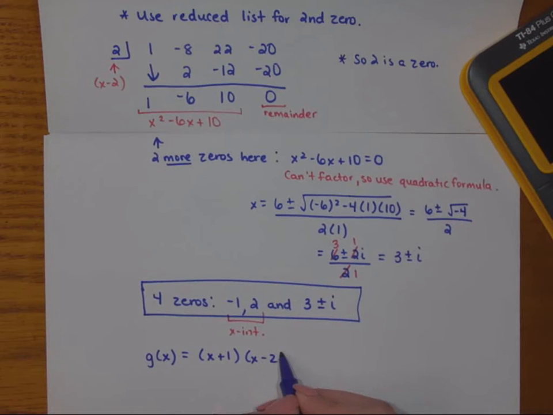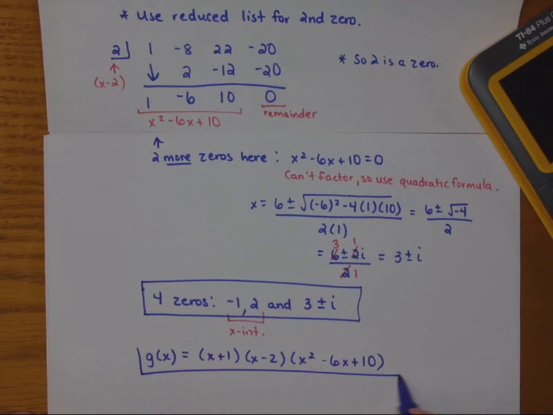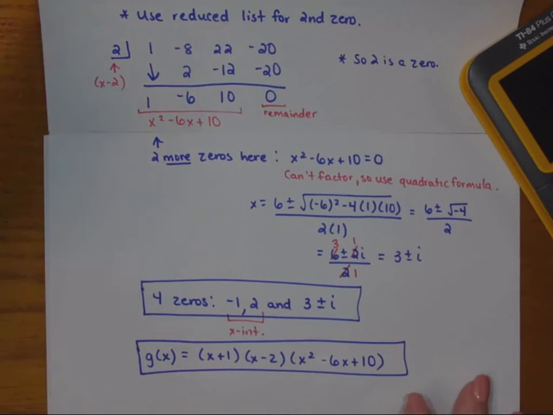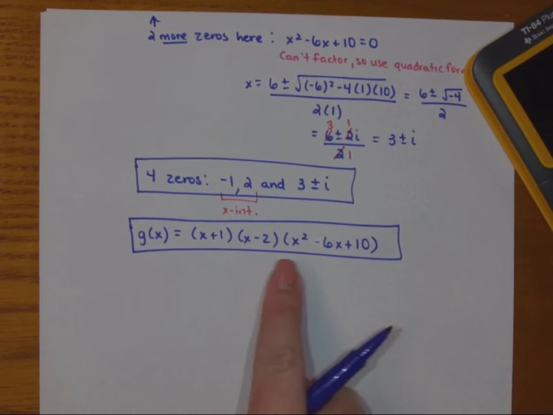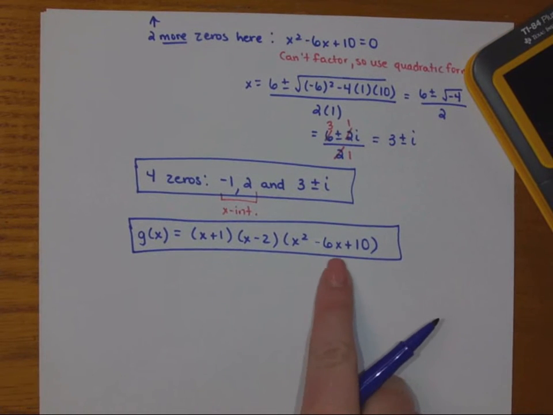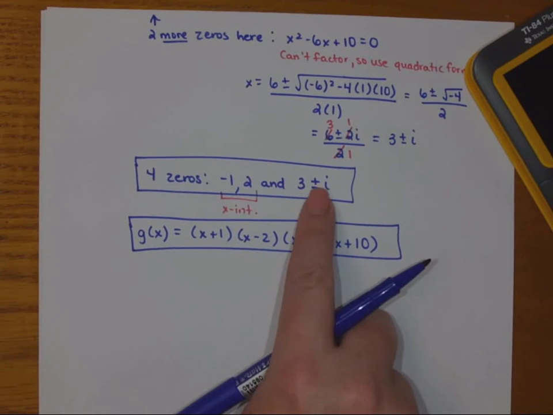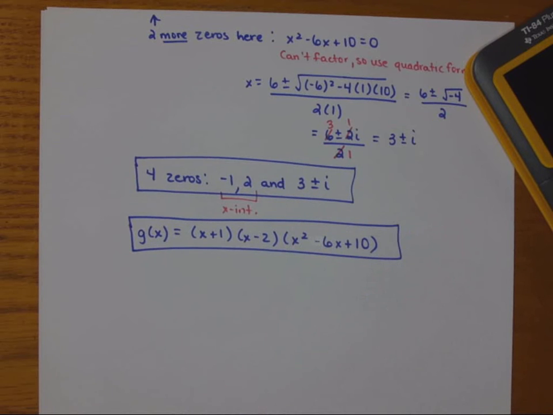The second parentheses I got to work was x minus 2, and then I couldn't factor this out any further, so this is as far as I go with it. Okay, so just to kind of recap, here's where we got -1, here's where we got 2, and then this ugly guy is where we used quadratic formula to get these imaginary answers. Okay.